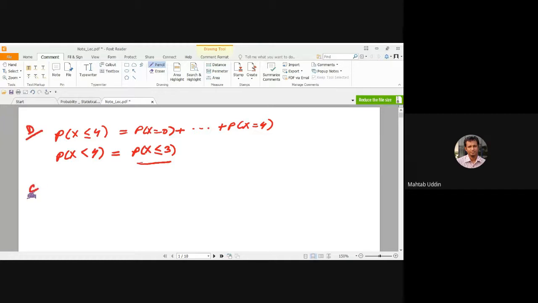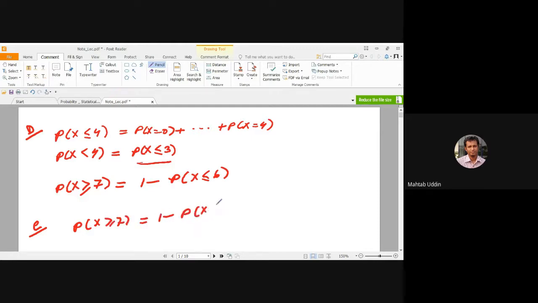But in case of continuous values, another thing I want to show. Say any value x greater than or equal to 7. You have to write 1 minus. If I take this greater than or equal 7, I write x less than or equal 6. That is a basic rule for the discrete type. But in case of continuous type, say I want to write x greater than or equal 7, I write 1 minus x less than 7.